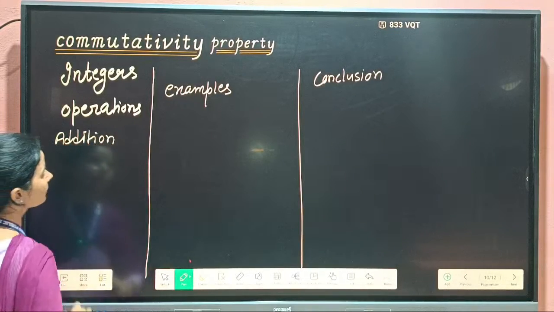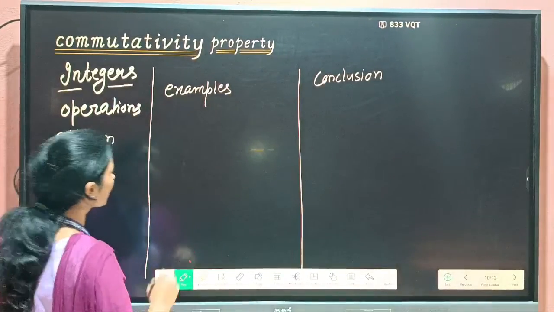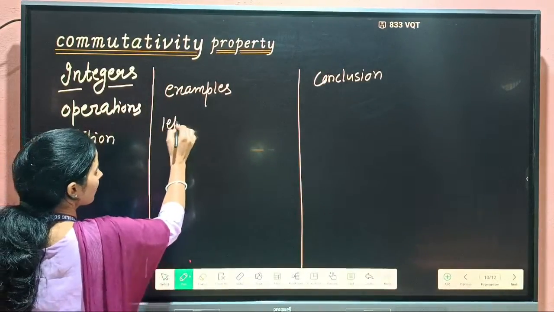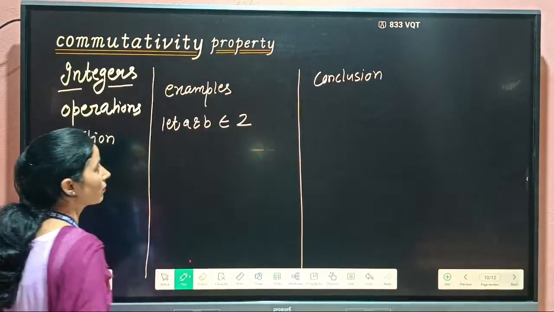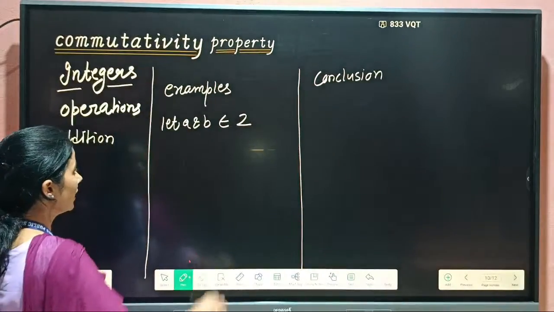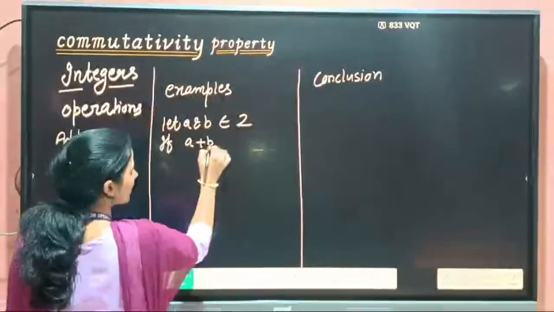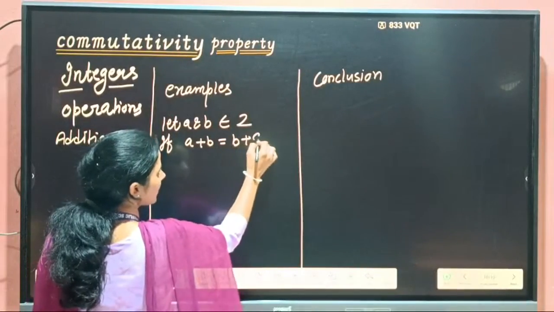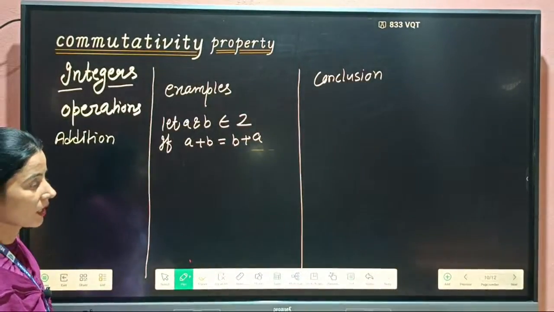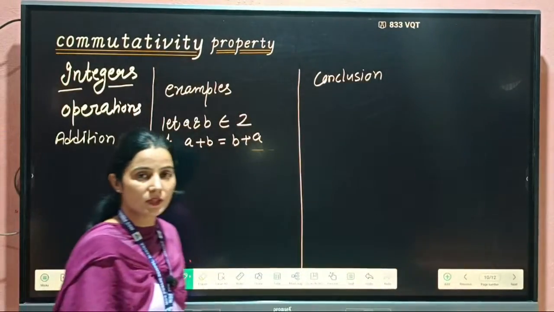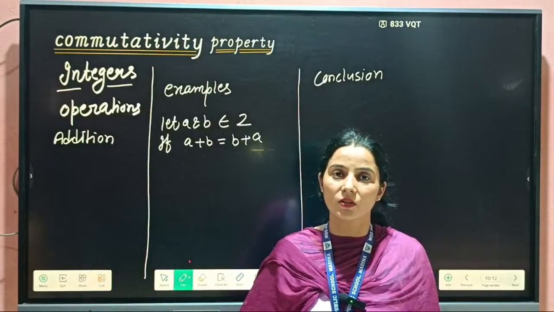Operation is addition. We are discussing it for integers, so we need to take two numbers. Let A and B belong to integers. Then if A plus B is equal to B plus A, then we can say addition is commutative in case of integers.